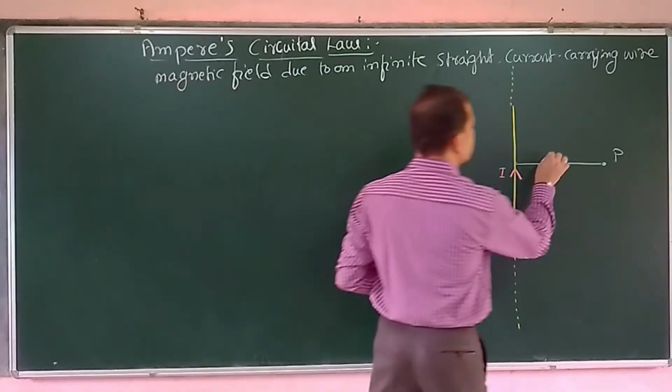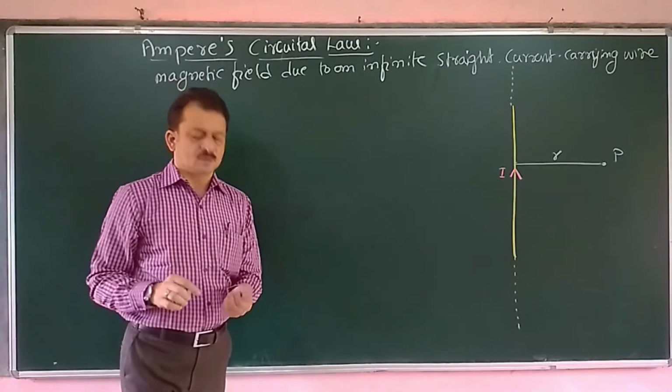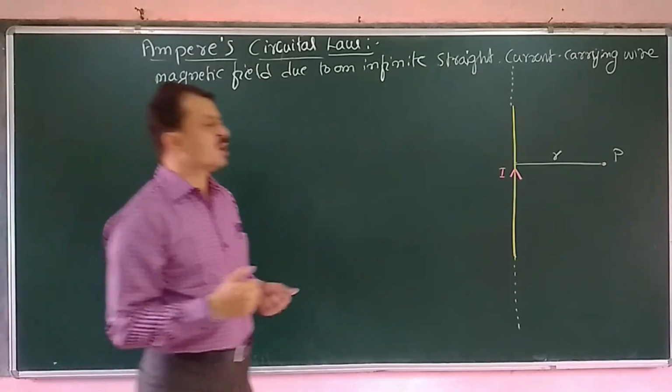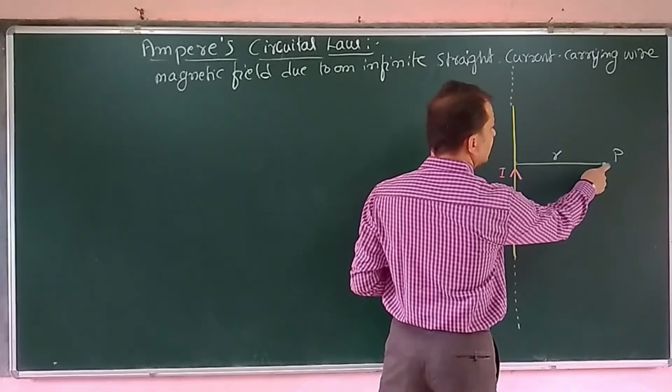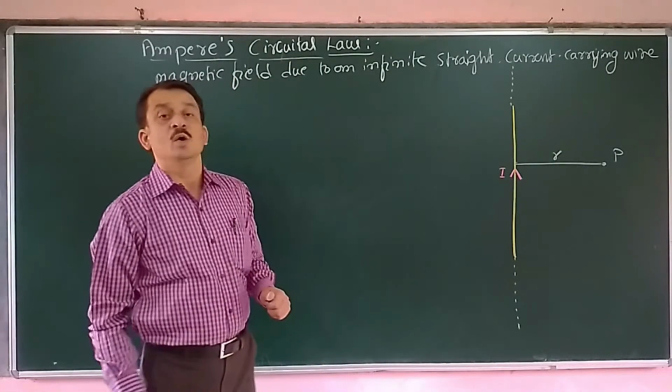Let that distance be R. Now our aim is to calculate the magnetic field at this point P due to this infinite length wire.